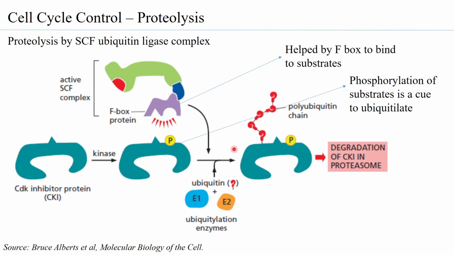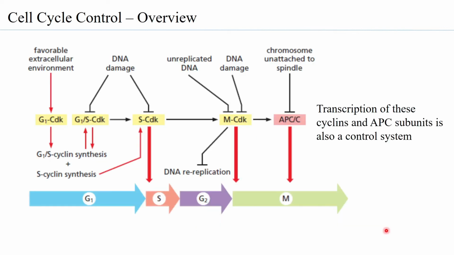Right. So the phosphorylation of the substrate over here is a cue for ubiquitination, and its degradation is going to lead to CDK becoming active. So to get an overview again, when the favorable extracellular environment is there, G1 CDK becomes active.